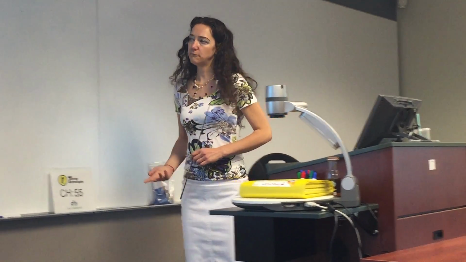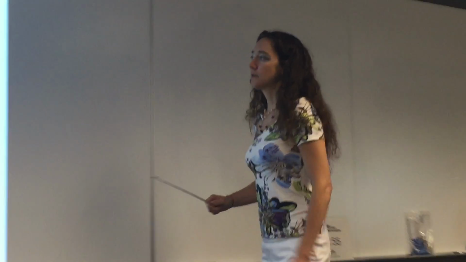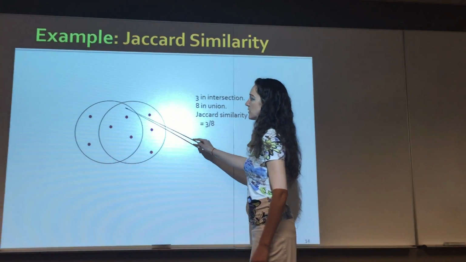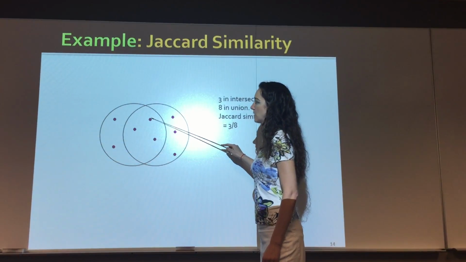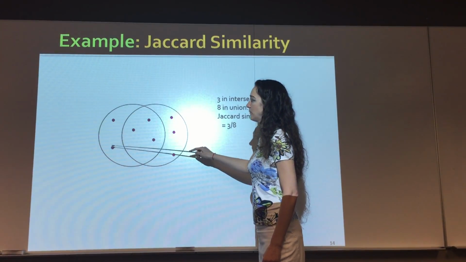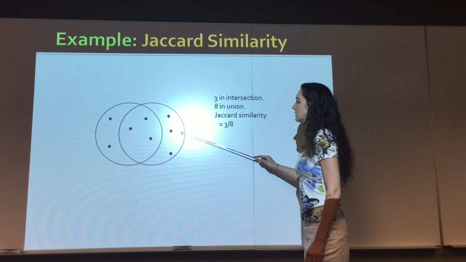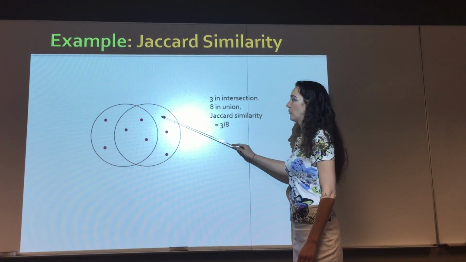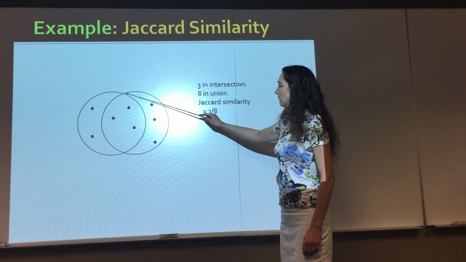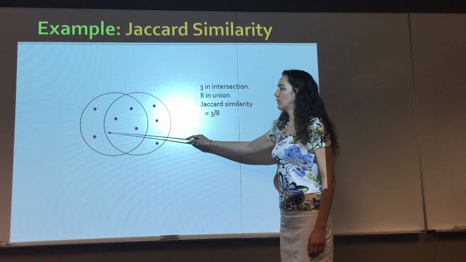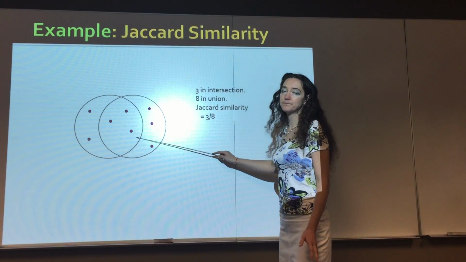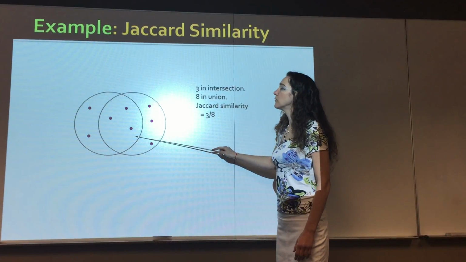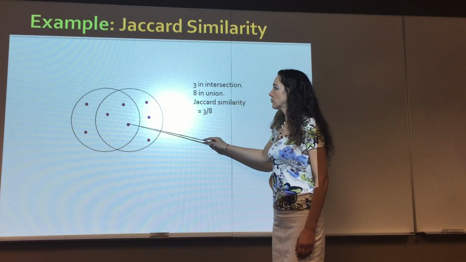So we have two sets here. This circle is the first set, and it contains those items that are inside the circle. And the second set is the second circle, and again contains the items that are inside the circle. Now the circles are intersecting. The number of elements that are in both of the sets is 3: 1, 2, 3.